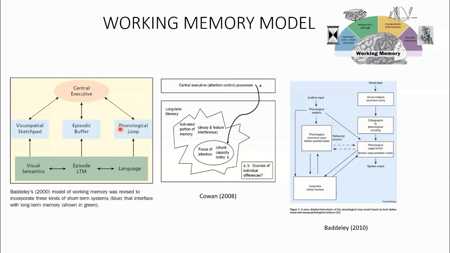In 2005 and 2008, Cowan suggested that working memory processes are closely related to long-term memory processes. Therefore, based on these findings, in 2010, Baddeley proposed attention as one of the components involved in the working memory system.